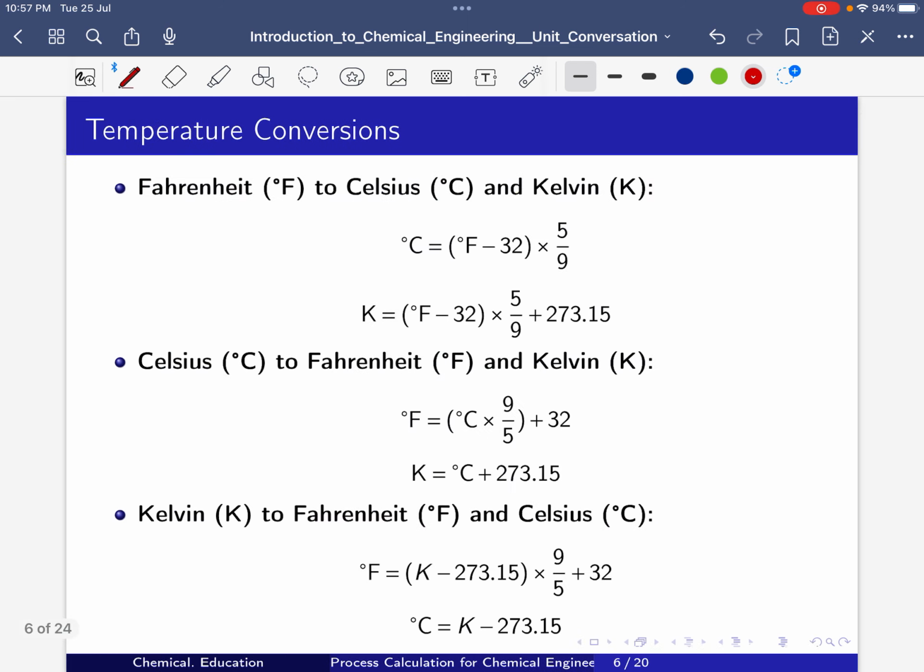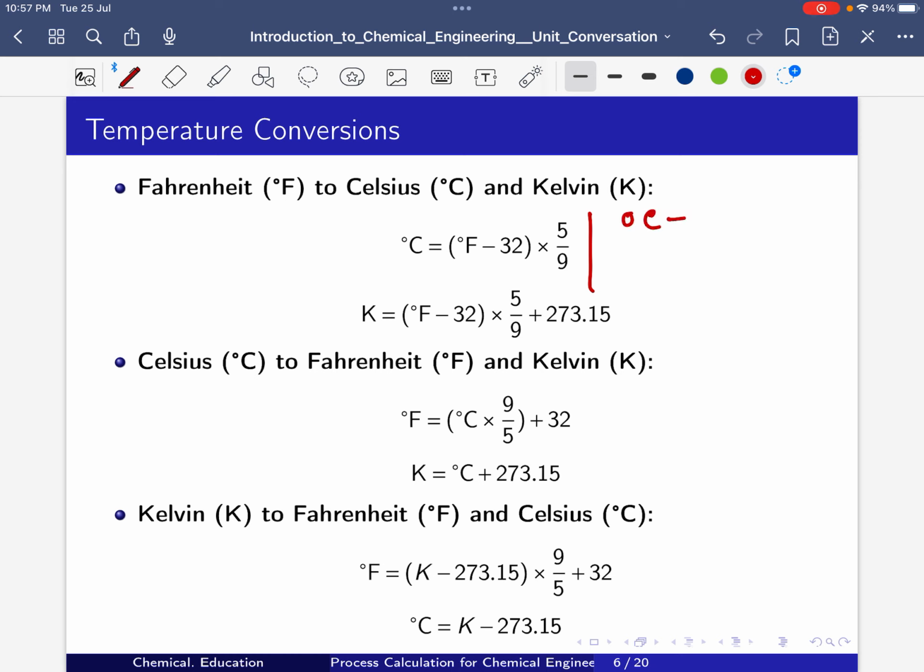Now how do you convert Fahrenheit to Celsius and Kelvin? Remember, degree centigrade is equal to (F minus 32) into 5/9. How does it come?